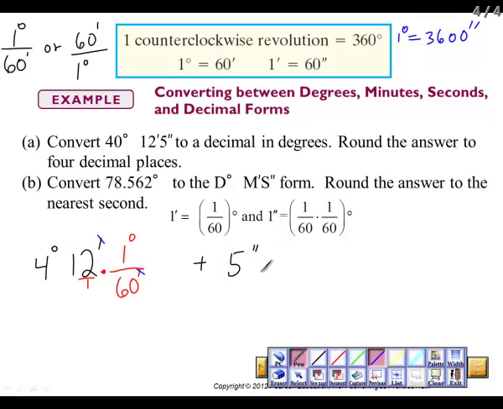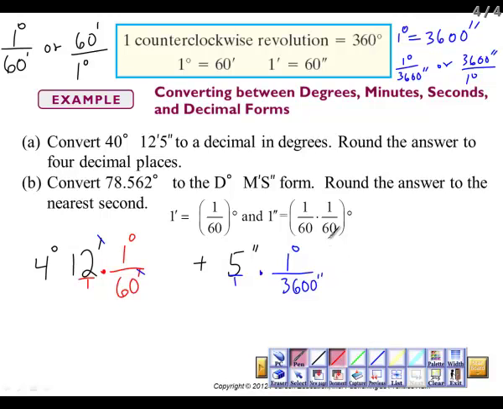So we would ask ourselves, are we going to write this as 1 degree over 3600 seconds, or 3600 seconds over 1 degree? Well, because the seconds unit is in the numerator, we're going to want the 3600 seconds in the denominator and 1 degree on top, because that's what we want to end up with. So we're always going to put in the denominator whatever we're going to cancel in the numerator on the other side.